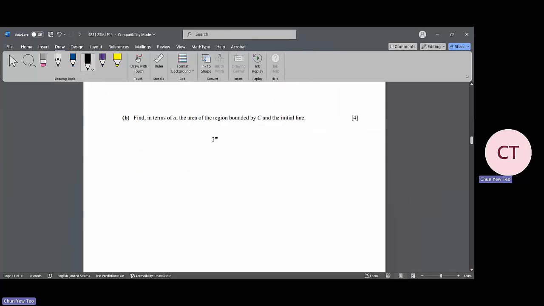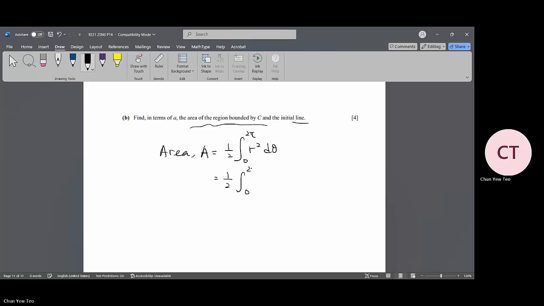We want to find the area bounded by C and the initial line. Okay, so that means for the area over here we just need to integrate half r squared d theta from 0 to 2 pi. And r is a tan(1 over x theta). So it will be a tan(1 over x theta) squared.